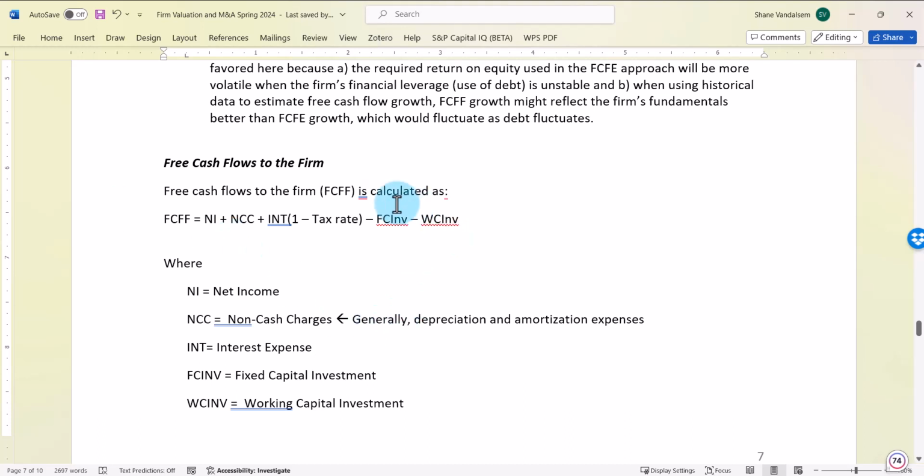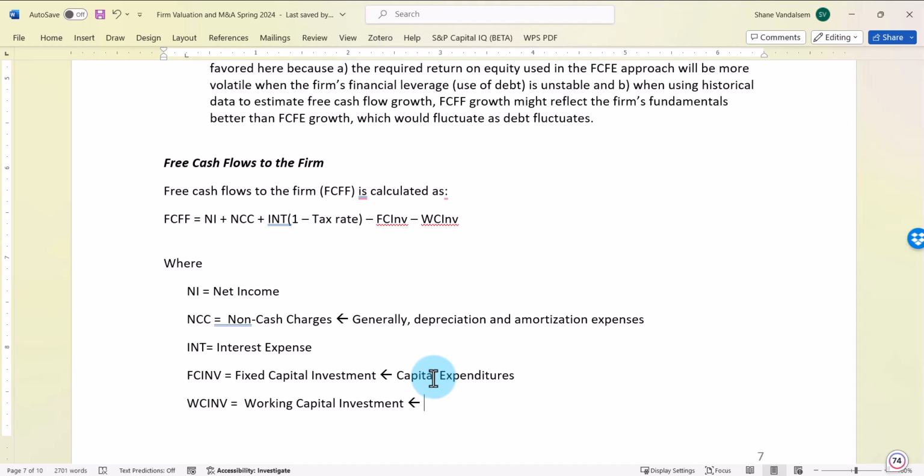The next is the fixed capital investment. So these are going to be our capital expenditures. This is the money that's invested for the purposes of maintaining or building the productive capacity of the company with the fixed assets of the firm, like equipment and building and land.